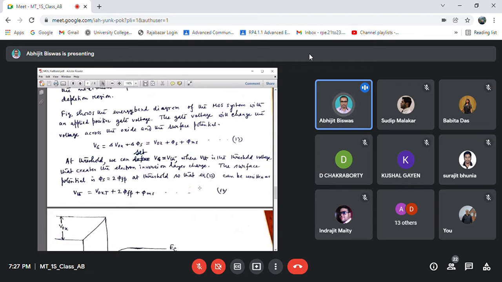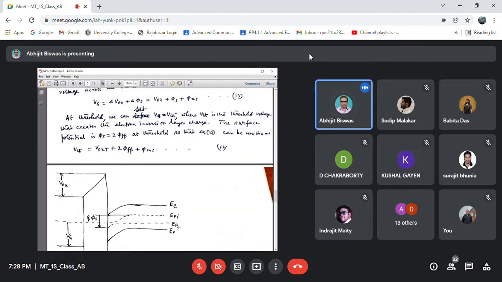Vth is the threshold voltage that creates the electron inversion layer charge, and the surface potential will be equal to phi s equal to 2 phi fp for n-channel MOSFETs. So you write here on the left hand side, replace Vg by Vth, oxide voltage VoxT for threshold inversion point, and phi s will be equal to 2 phi fp, and phi ms will remain the same.